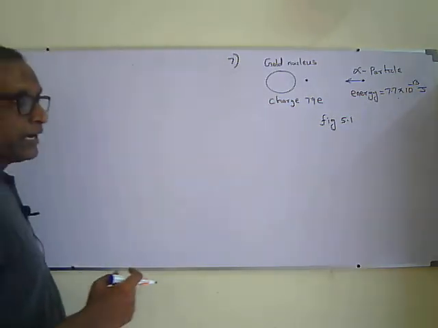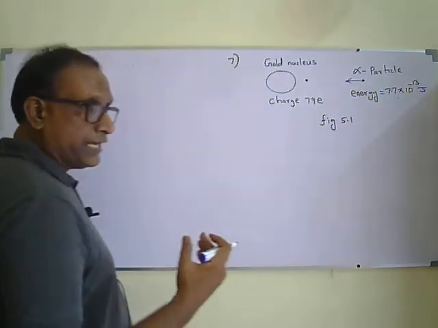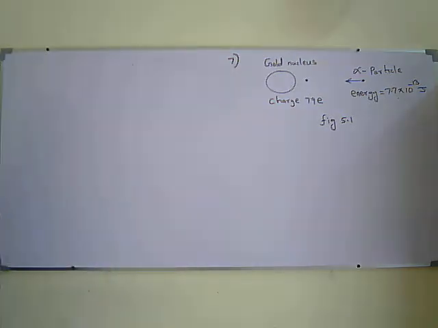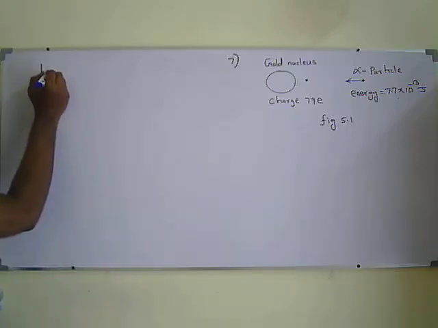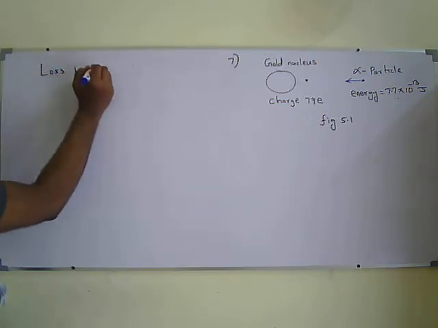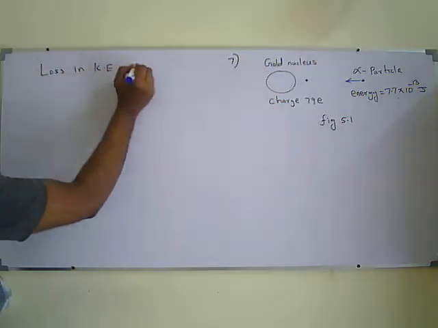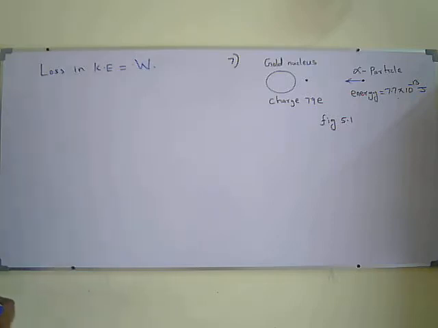For the alpha particle, I'm going to use the equation: loss in kinetic energy is equal to work done against the electric field. So loss in kinetic energy equals work done against electric potential.